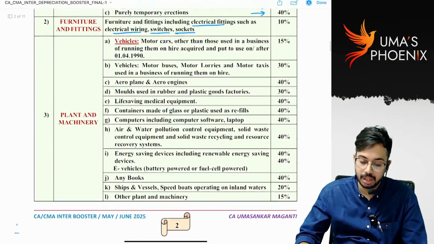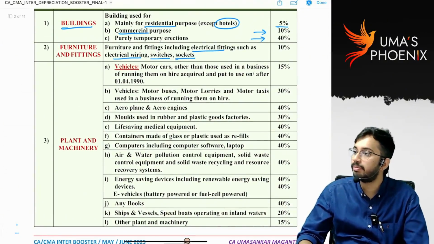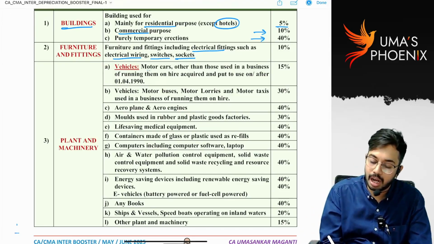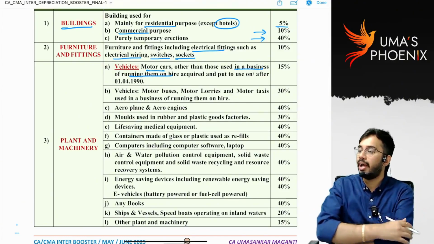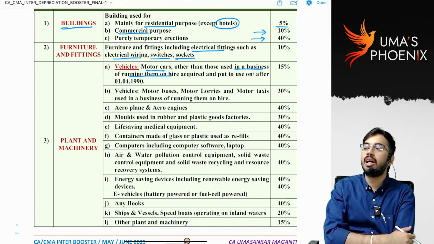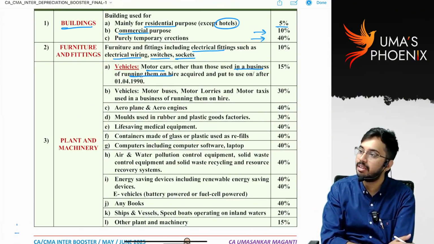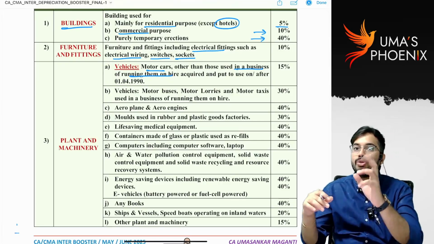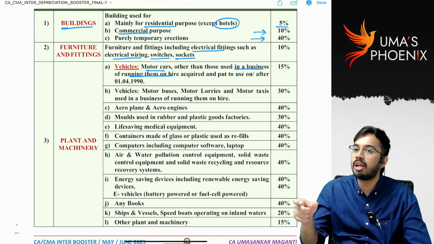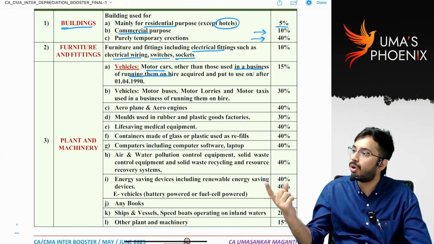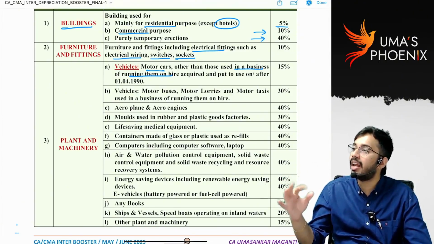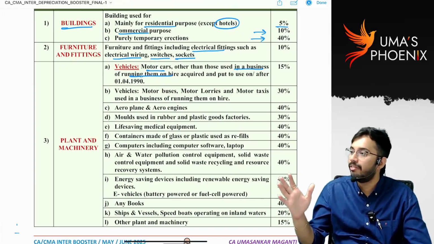Now, shall we see for plant and machinery? Motor cars other than those used in a business of running them on hire. See, if motor cars are used in hire business, for example, I purchased two cars. I gave those two cars on rent to Ola and Uber. The moment I gave a car to Ola, minimum daily 100 kilometers the vehicle will be driven.